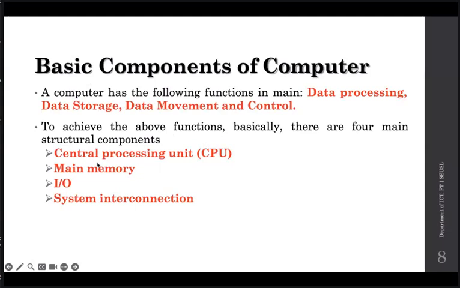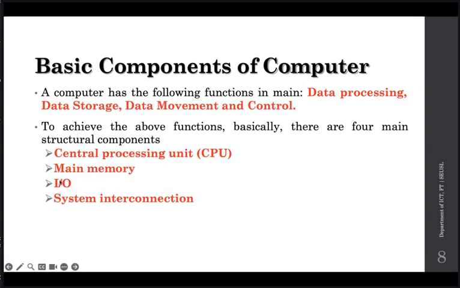So basically, we have a central processing unit to process your data. You have an input output device to input your data and output your information, and to store them. And you need something like a temporary storage to be in working condition, you need a main memory. And in addition to these three basic structural components, there is something called a system interconnection, which glues all these three together, like a gum.